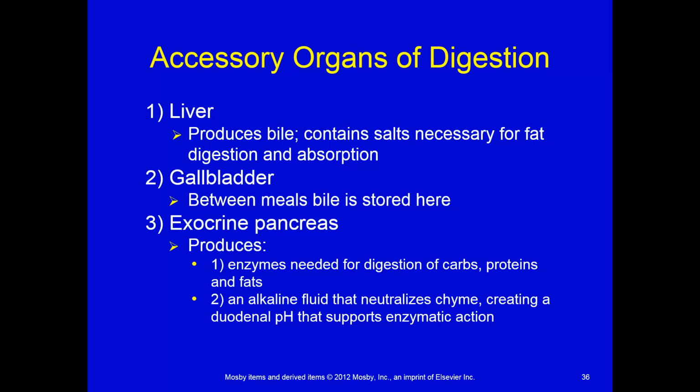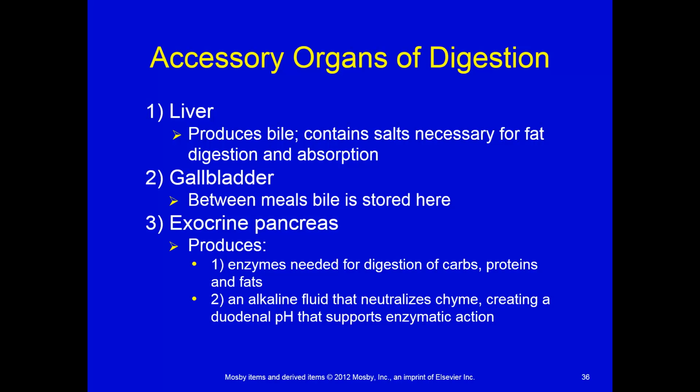It's very acidic, so the pancreas helps neutralize that acidic chyme that just got dumped into the intestines and makes it more alkaline, because if it's too acidic, some of these important enzymes can't work in such an acidic environment. So it's really important for it to be acidic in the stomach, and then once it gets into the small intestines, it needs to be alkalinized and not so acidic so that the enzymes can work, and the pancreas helps do that as well.